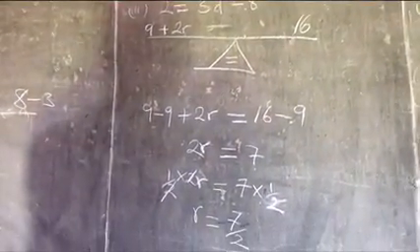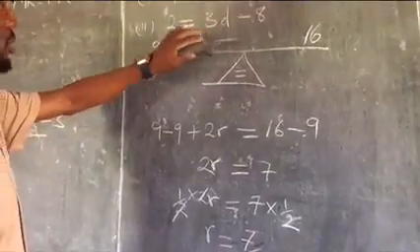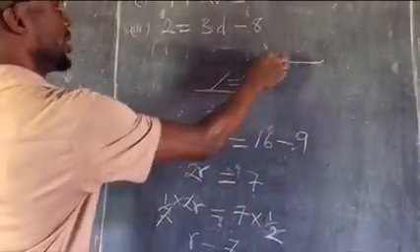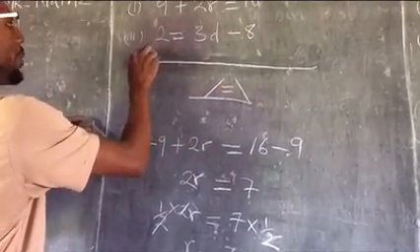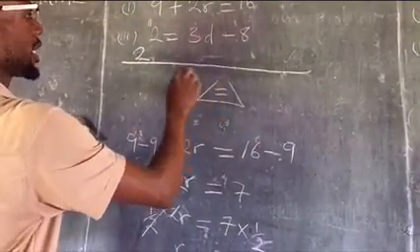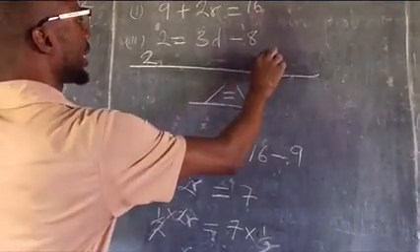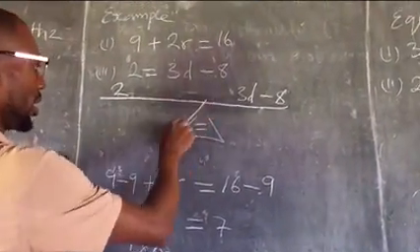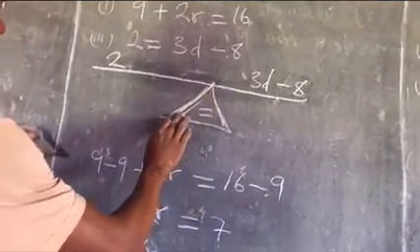Abi? Make we try this one. Make we try this one now. This one say 2 dey here, ba? I get my equal sign here. And this one say 3d minus 8. Now wetin dey there, ba? 3d minus 8.